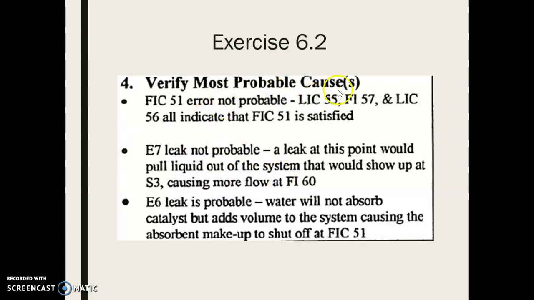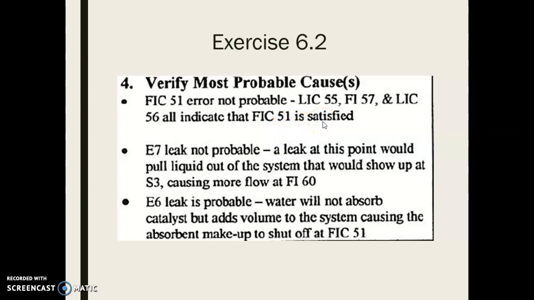All right, what is the most probable cause? Now, FIC51 error is not probable because LIC55, your D3 level control, FI57, the rich absorbent flow to D2, and LIC56, which is level in the stripper, indicate that FIC51 is satisfied.